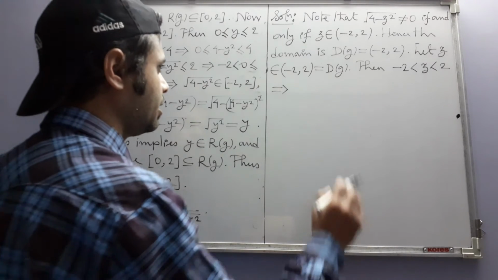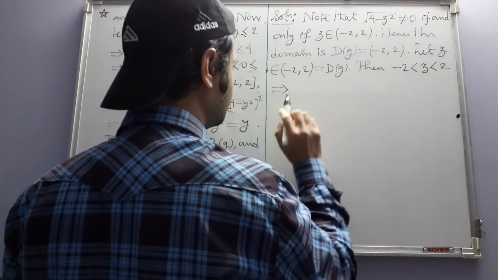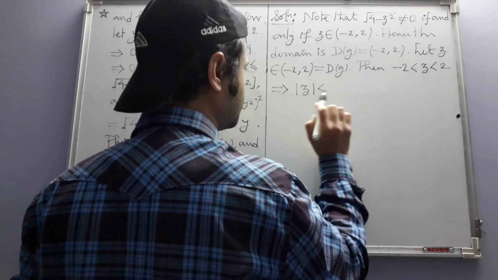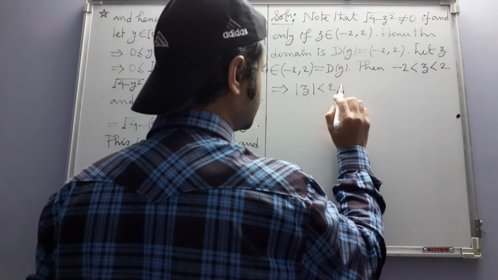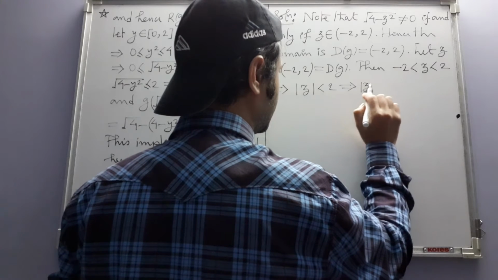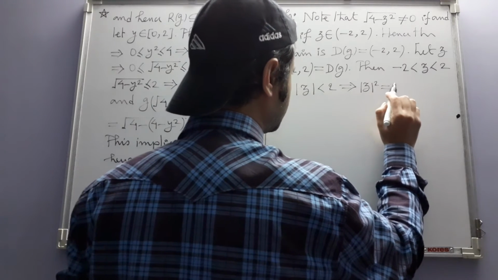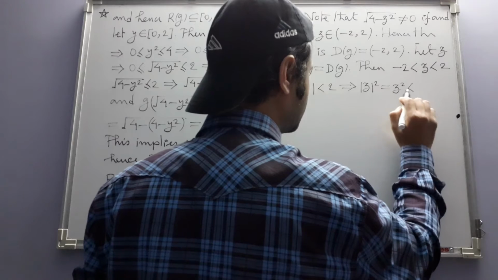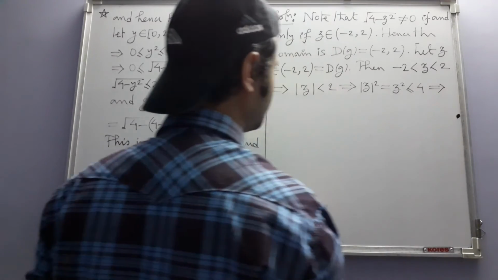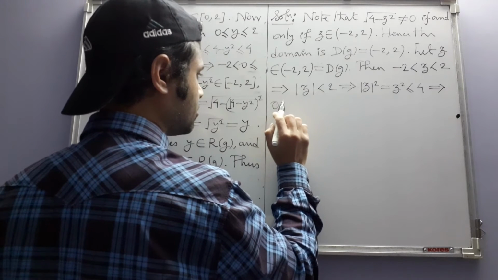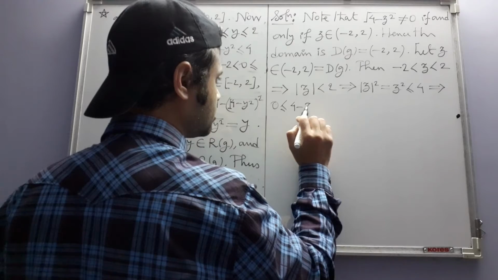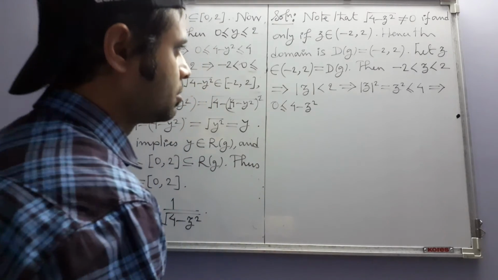But we can of course conclude from this that the absolute value of z is strictly less than 2, which will imply that the absolute value square, which is nothing but z square, is less than 4, and this implies 4 minus z square is greater than 0.